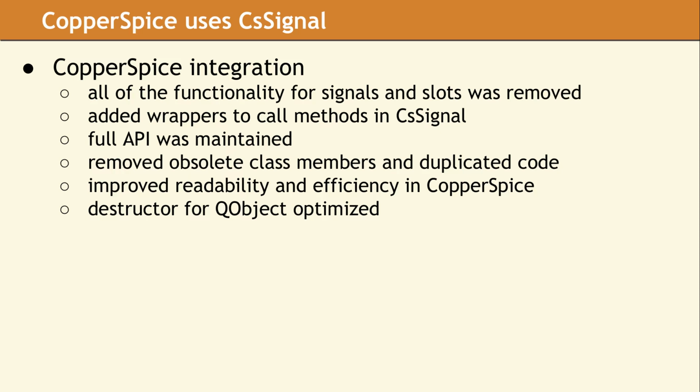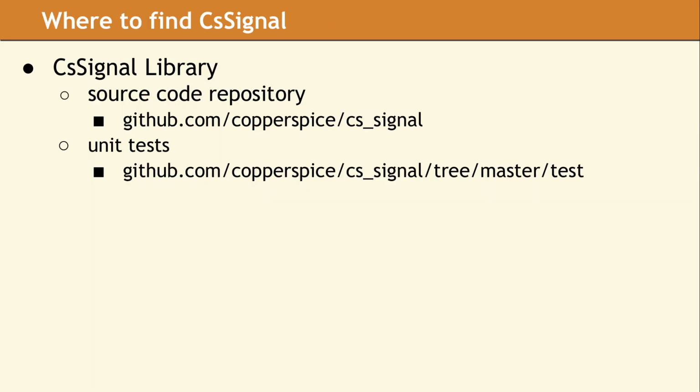As an example, there were race conditions in the destructor for queueObject, which we have been able to find and resolve in CsSignal. What started out as a way to refactor CopperSpice has yielded a standalone library, which is useful if you would like signal slot delivery in your program, but do not need all of CopperSpice.